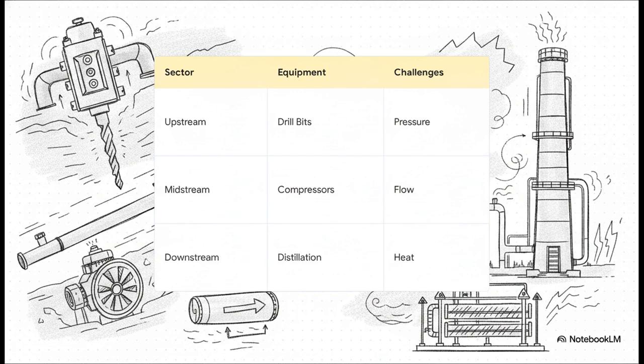Midstream relies on heavy-duty centrifugal compressors and pig launchers to efficiently shove fluids across thousands of miles of steel pipe without losing pressure. And downstream, that sector uses towering distillation columns and heat exchangers to safely handle extremely high temperatures. We're talking over 500 degrees Celsius, along with highly reactive chemical catalysis. The scale of this and the specific engineering challenges they face are absolutely breathtaking.